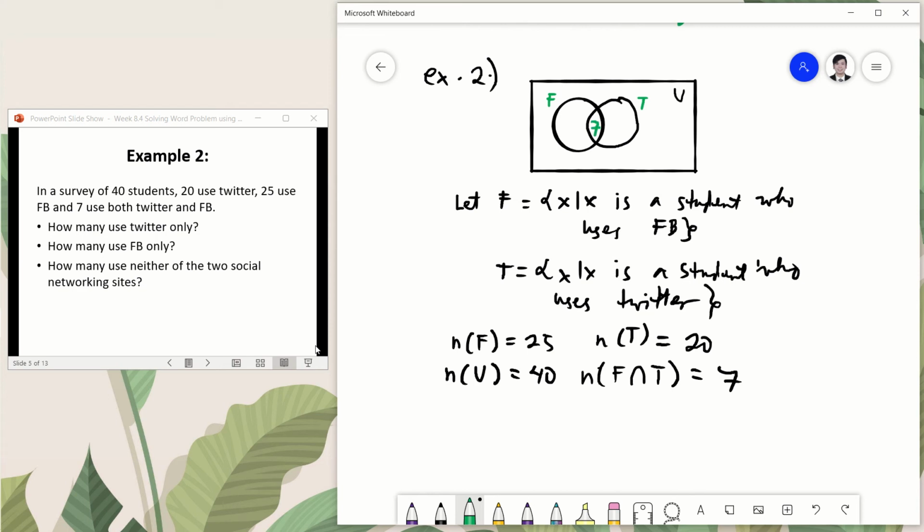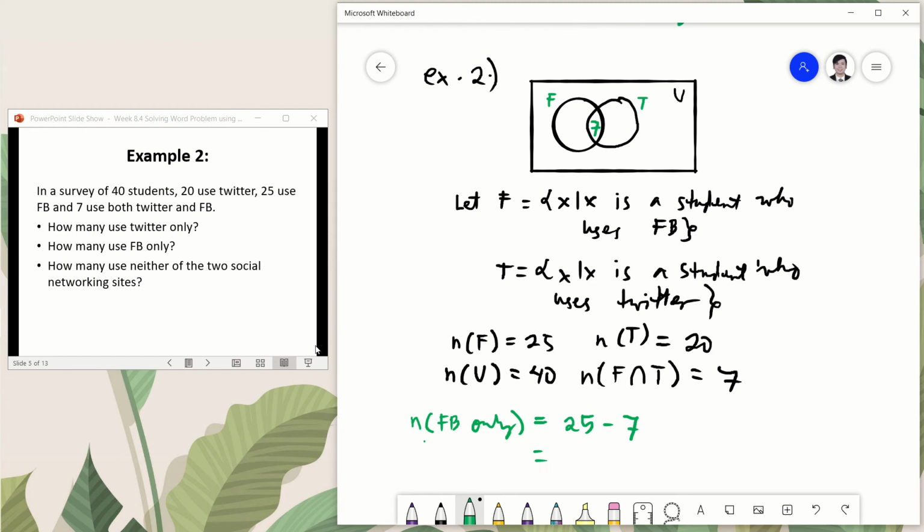Now, to get the number of students who like FB only, you just have to subtract from the number of students who like FB the number of students who like both FB and Twitter.